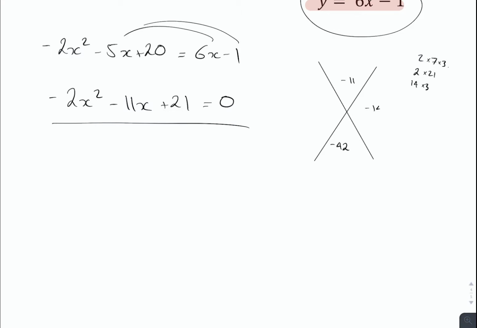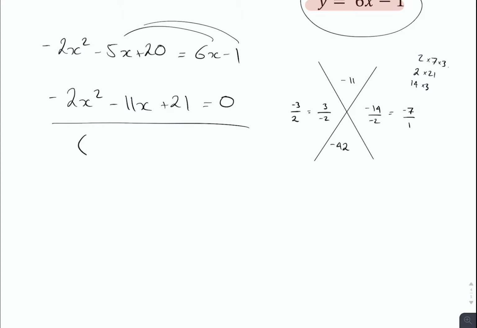So I have -14, I have +3, and if I divide those by -2, this will yield -7/1, and this, I'll just put the negative in the numerator, 2/-3.